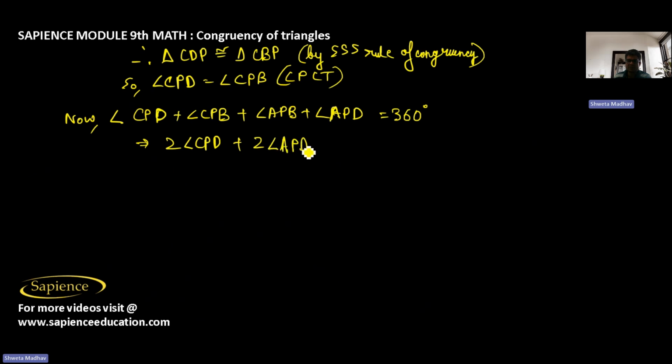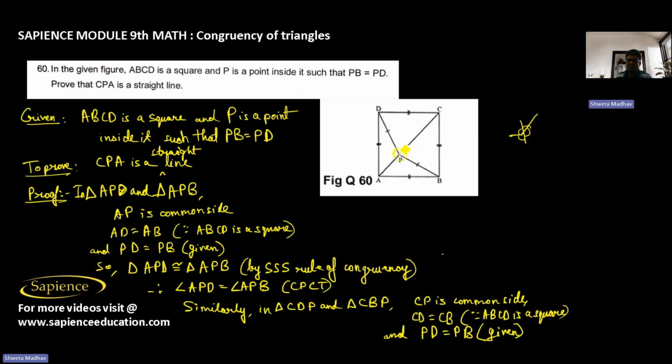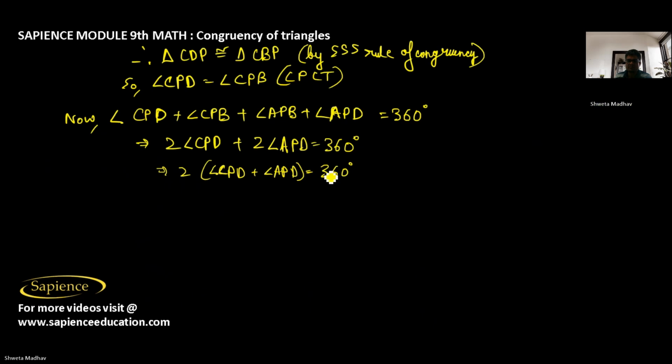Twice of angle CPD plus angle APD is equal to 360. Now angle CPD plus angle APD is equal to angle APC.